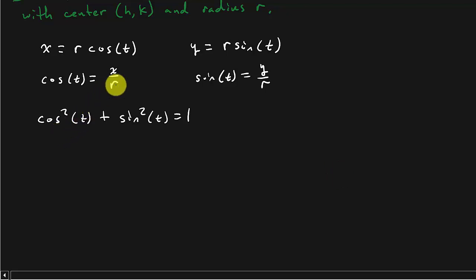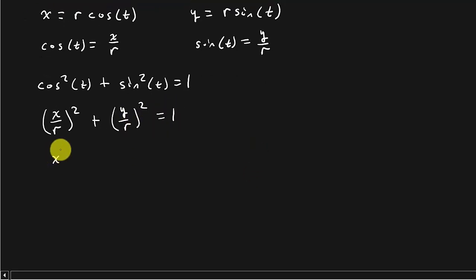Now I'm going to replace cosine with x over r, and sine with y over r. So that's x over r squared plus y over r squared equals 1, which gives x squared over r squared plus y squared over r squared equals 1.